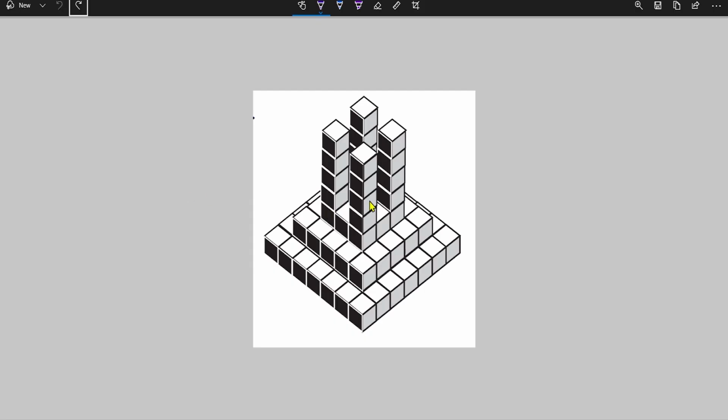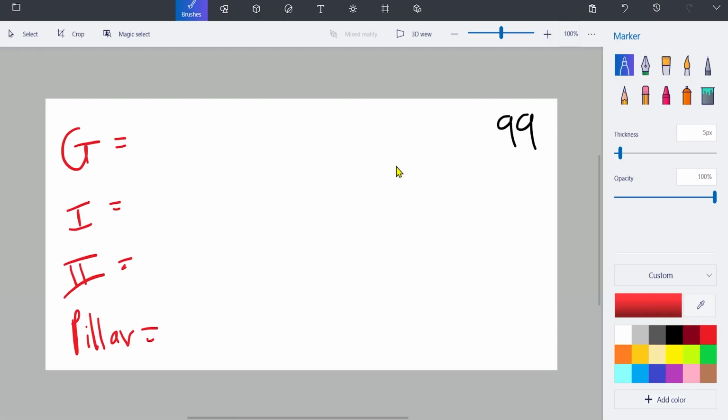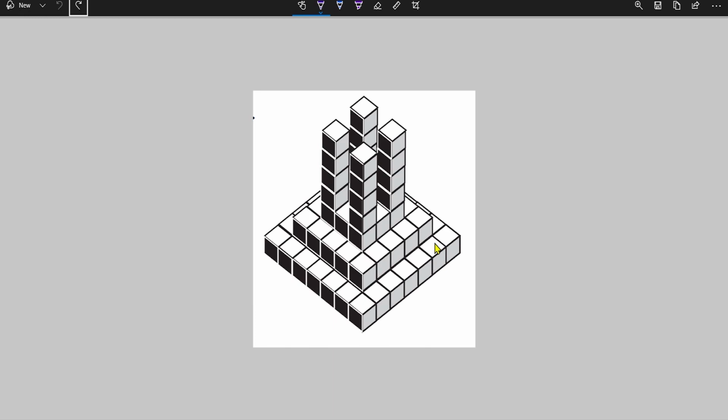So the pillars are 1, 2, 3, 4 per stack, and there are a total of 4 pillars. So 4 into 4, 16. The second one, which is this one, is a total of 3 by 3.